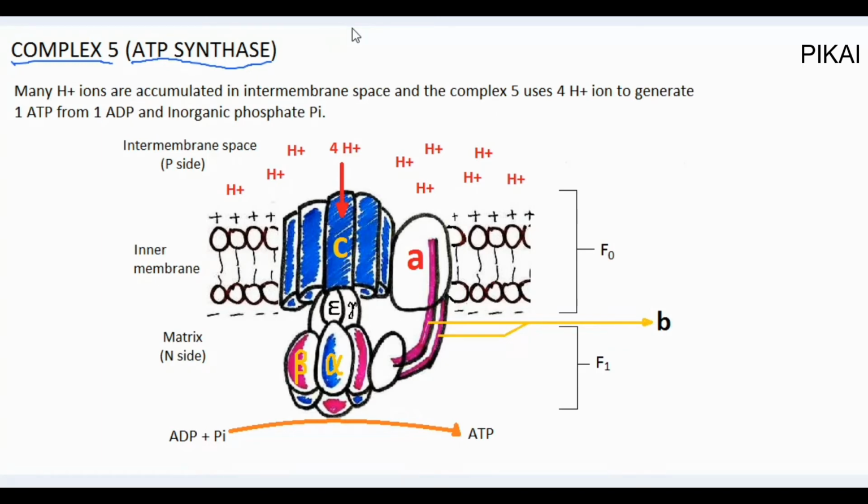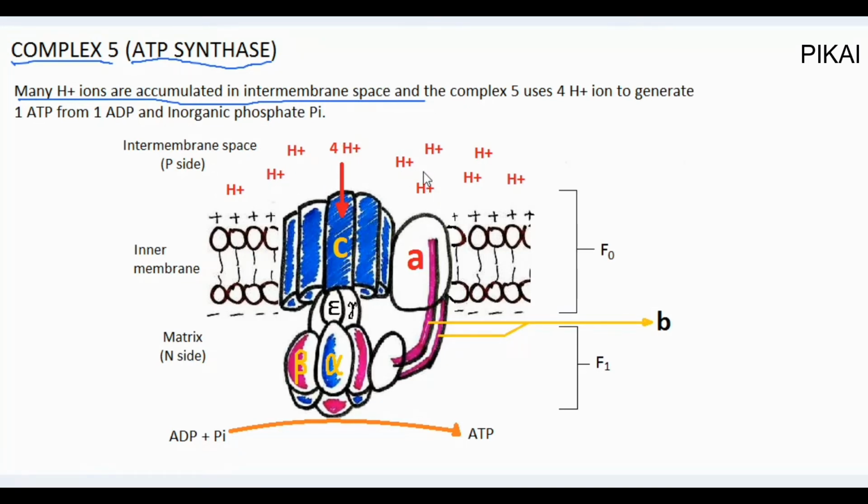So this pumping of hydrogen to the intermembrane space increases the hydrogen ion concentration. What does this increase cause? Many hydrogen ions are accumulated in the intermembrane space, that is this area.